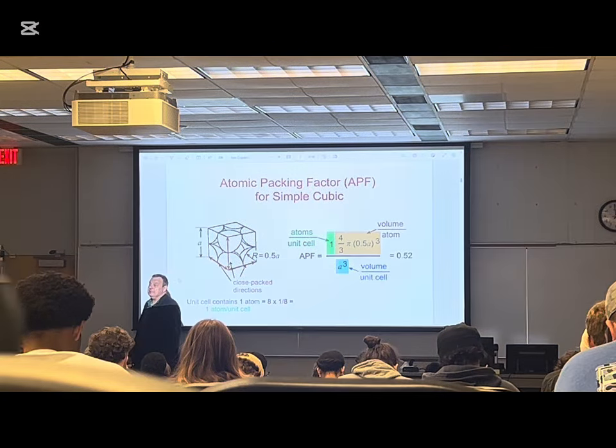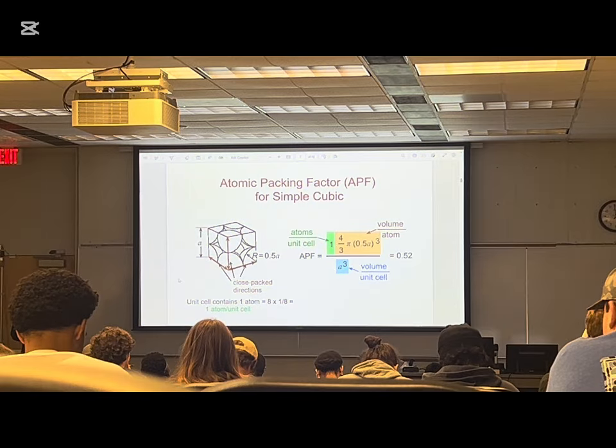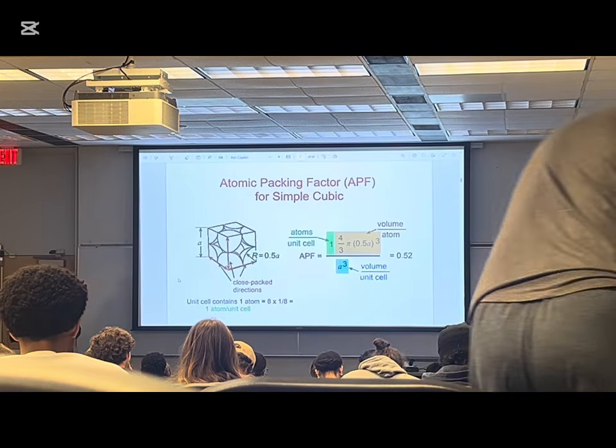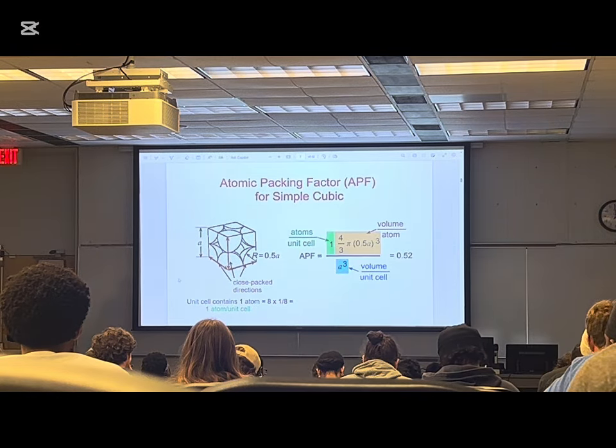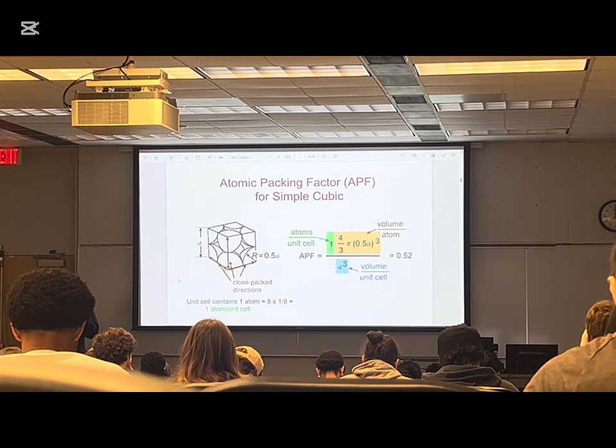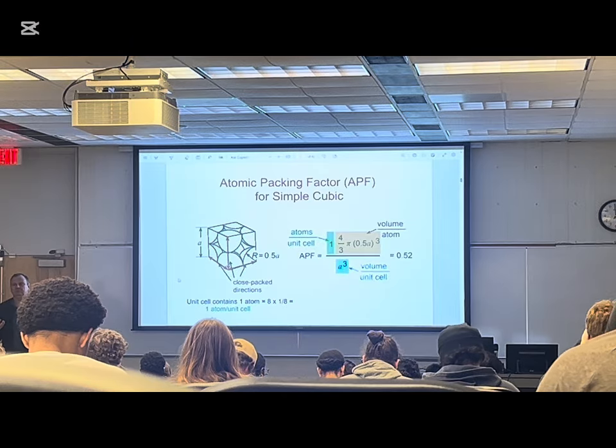What is the volume of a sphere? 4/3 pi r cubed. Okay? So the volume of 1 atom that has a radius r is 4/3 pi r cubed.